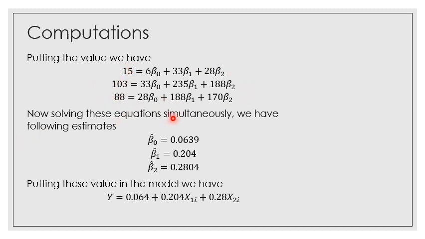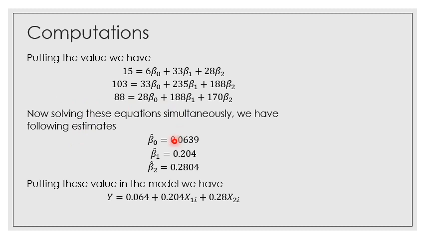Now solving these normal equations simultaneously using the substitution method, cross multiplication method, cancellation method, or any other method, Cramer's method, which is a matrix method, or there is an algebra matrix approach.